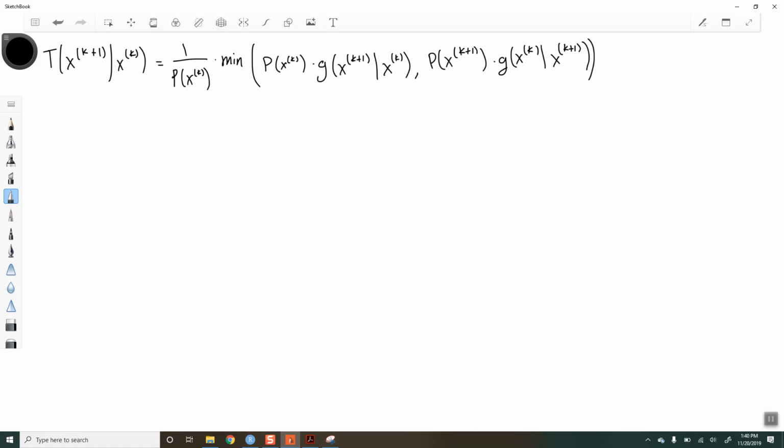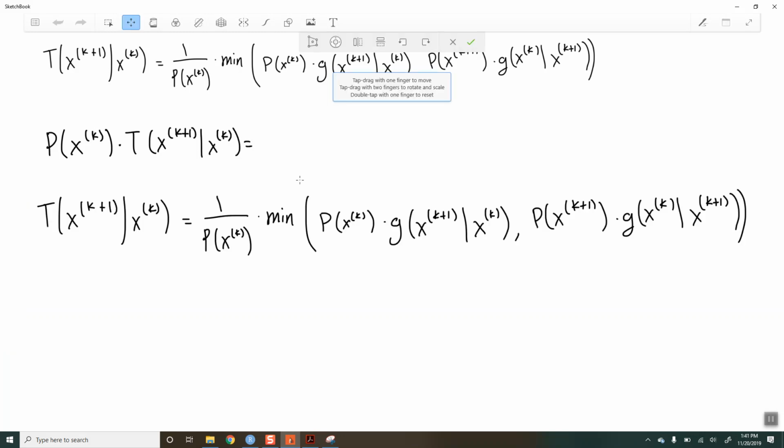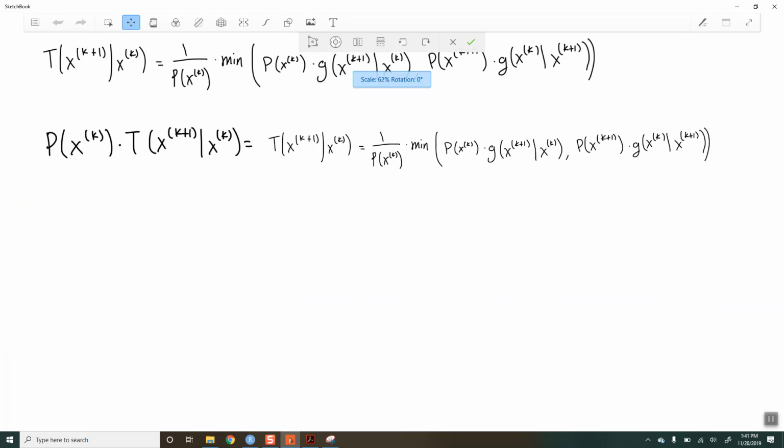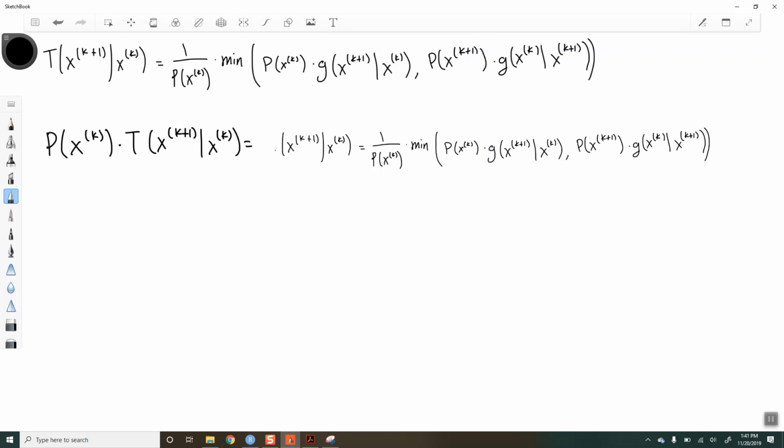And so here I'm going to have the probability of starting at xk times the transition probability, which is equal to, and I'm going to just shrink this down and erase this.